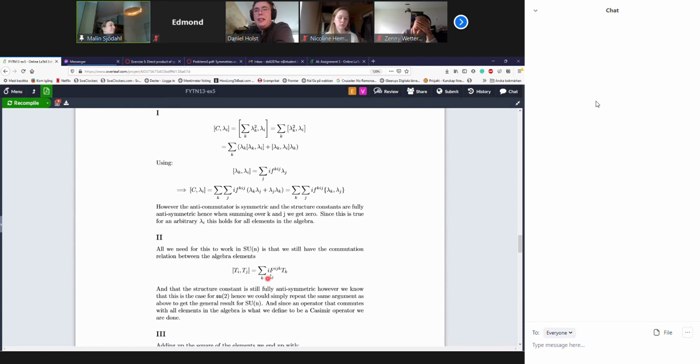And the only thing we really need is that these are fully antisymmetric. We were given that for SU(2) the structure constants are fully antisymmetric. So this argues that it should also be the case for all n.